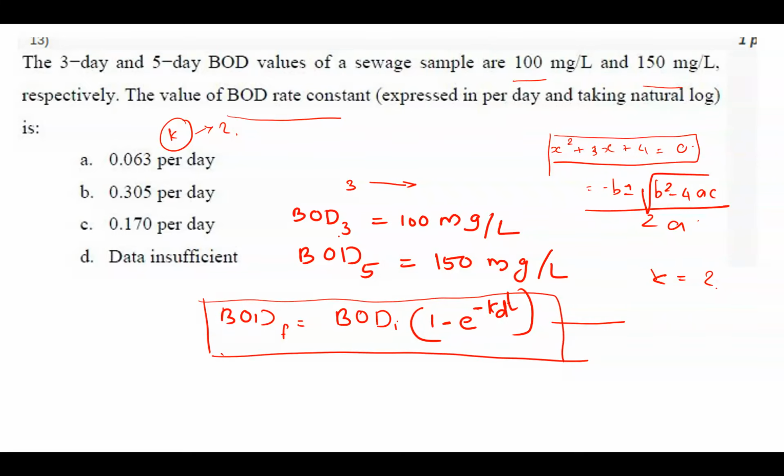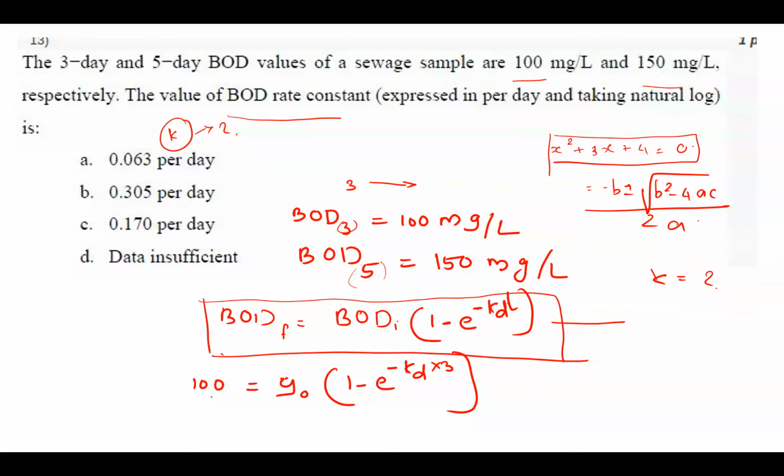We have the 3 days and 5 days values. So BOD at 3 days is 100, equal to initial value, I'm taking it as y0, into 1 minus e raised to minus kd into 3.